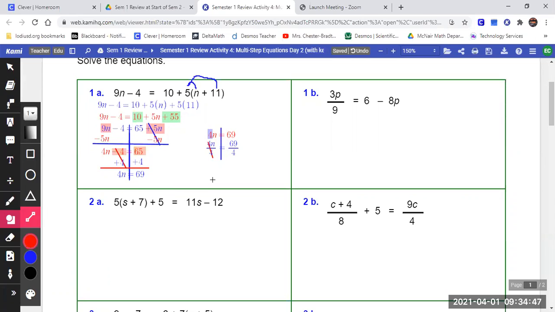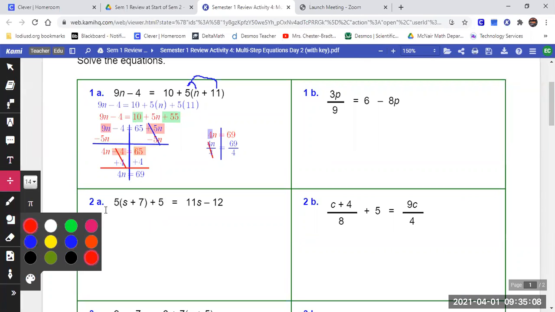Now, can 4 simplify 69? No. So this is as good as it's going to get for this problem and this problem only.